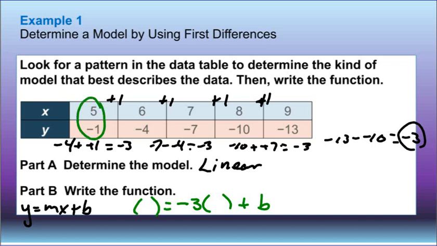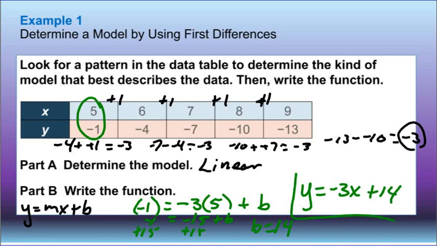I'm just going to choose this first one. So if x is 5 and y is -1, I can now solve. So this is -15 plus b equaling -1. Add 15 to both sides. I now have b equaling 14. So my function would be y equals -3x plus 14.